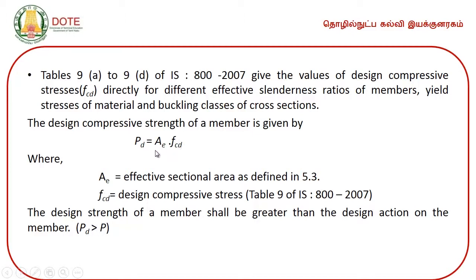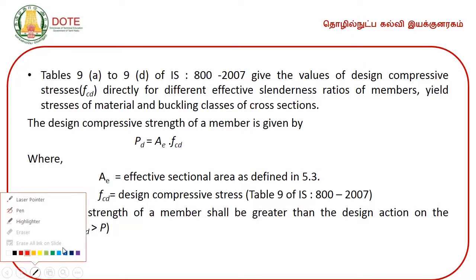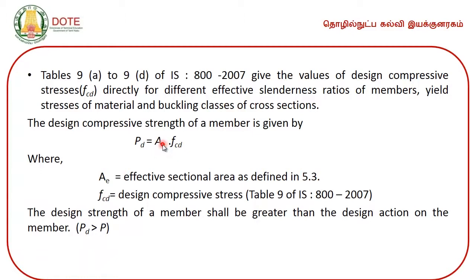So Pd is equal to Ae into fcd, and fcd is to be taken from table 9A to 9D of IS 800 2007, and Ae, of course, after classifying the class of the section given, is to be taken: for class 1 to class 3, the gross area is taken as the effective area.